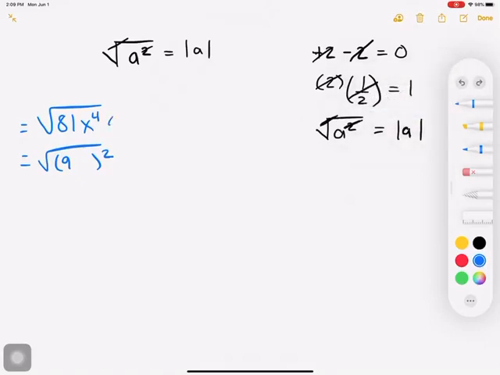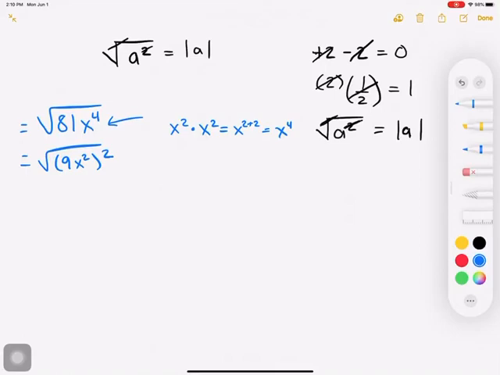And then x to the power of 4 is the square of what? What times what gives x to the power of 4? If you take x squared times x squared, when multiplying variables you add exponents, you get x to the power of 4. So the square root of x to the power of 4 is x to the power of 2, or x squared.